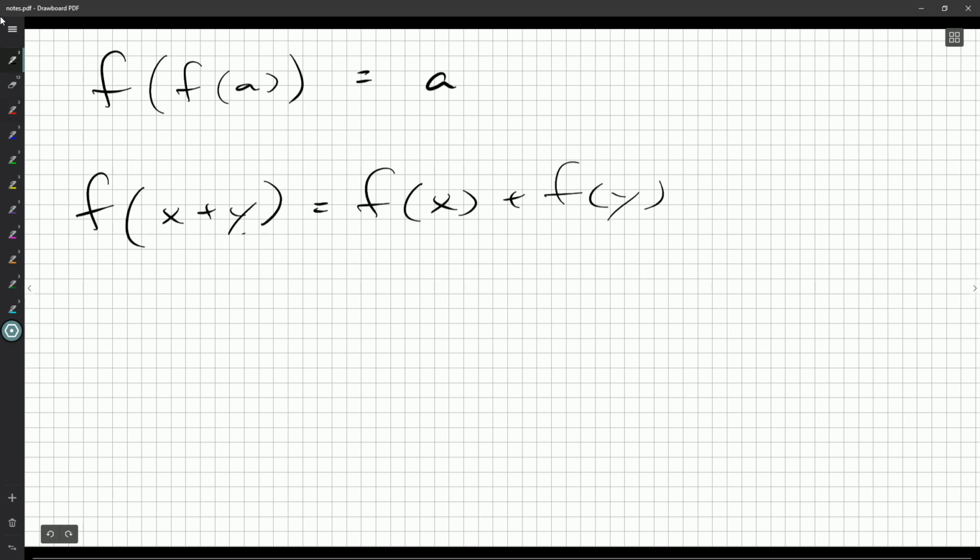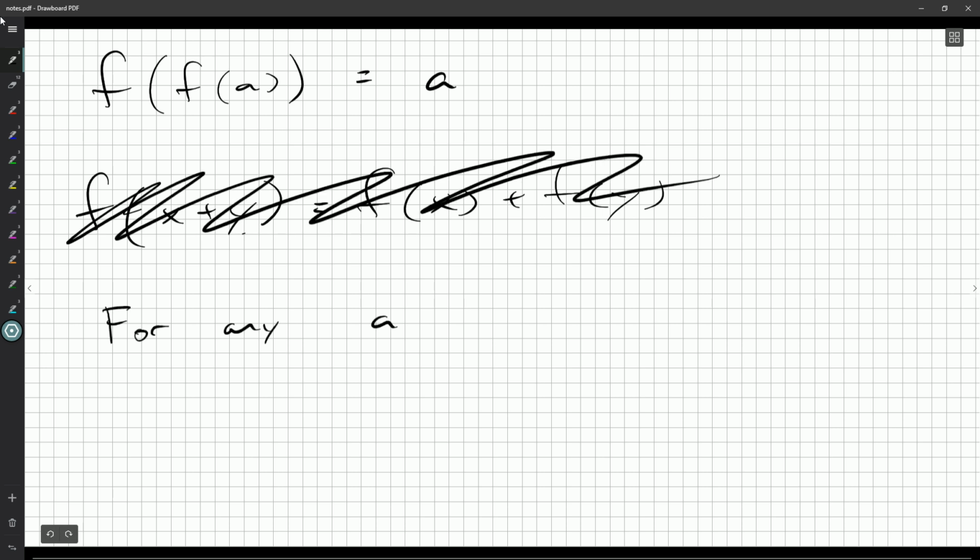Oh. Okay, that's interesting. So for any a, ignore that, I was just trying to remind myself what the goal was. So for any a, f of f of a equals a. So a is in the range of my function.